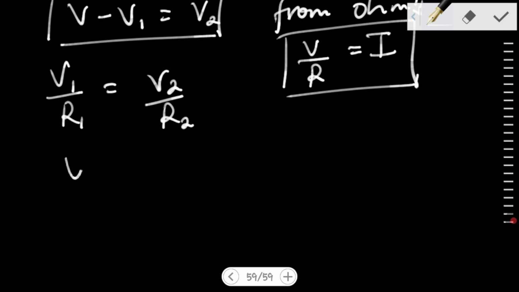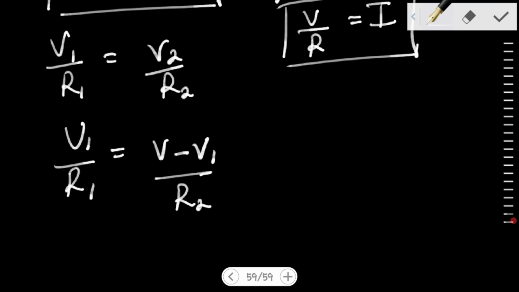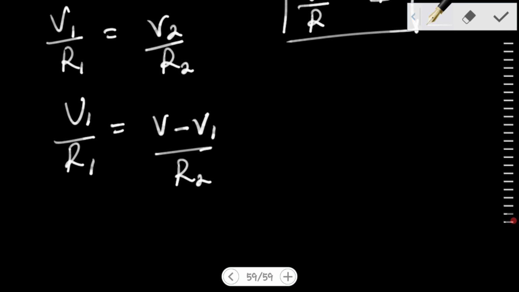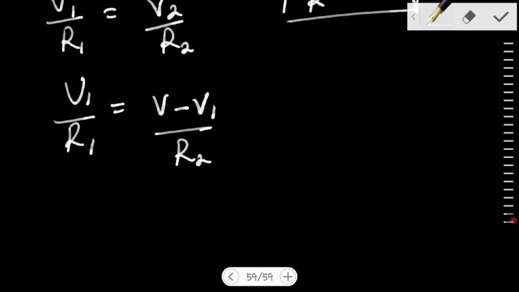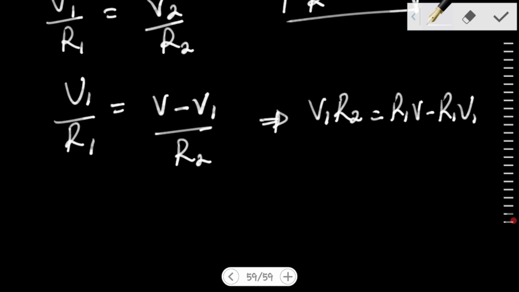That means V1 all over R1 equals V2, which is V minus V1, all over R2. By cross multiplication, we are going to have V1 R2 equals R1 V minus R1 V1.